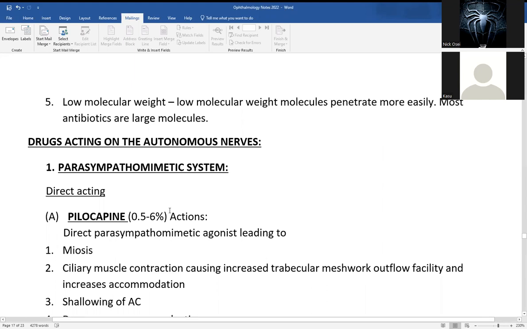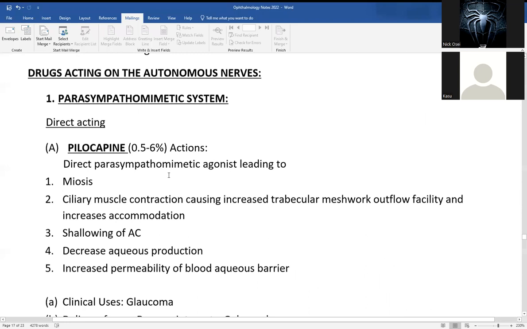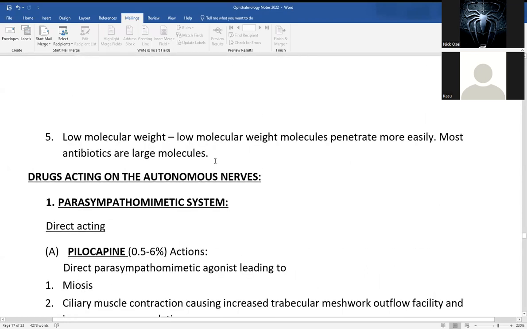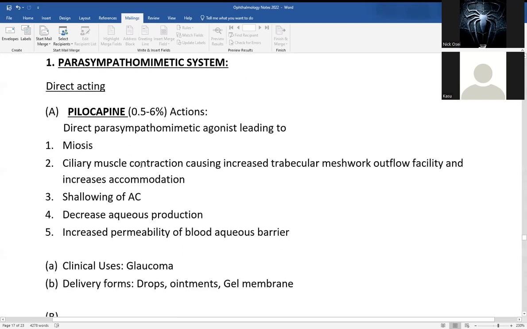Okay, so with the pharmacology, looking at the drugs that work on the autonomic nervous system. So we have the parasympathetic system, we have the direct acting and the indirect acting.